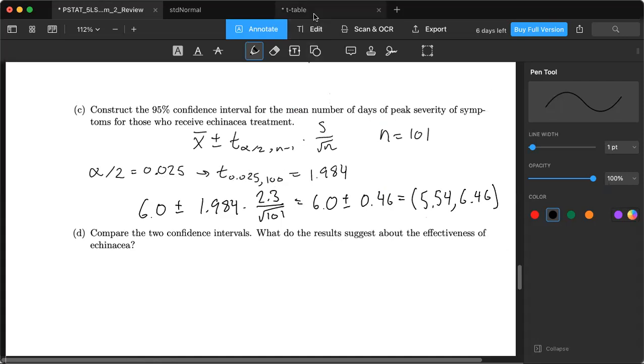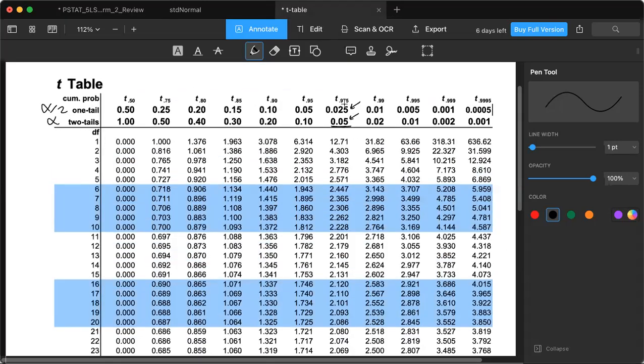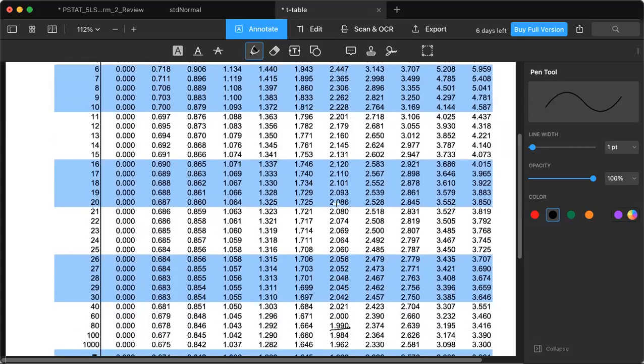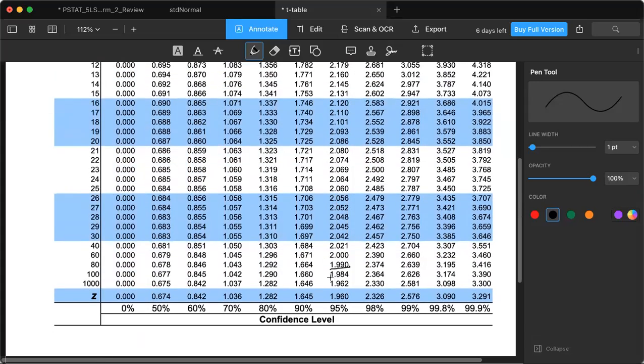So I look here for 0.025 in the one tail area, and then the row is the n minus 1, which my row was 100, so that's 1.984.